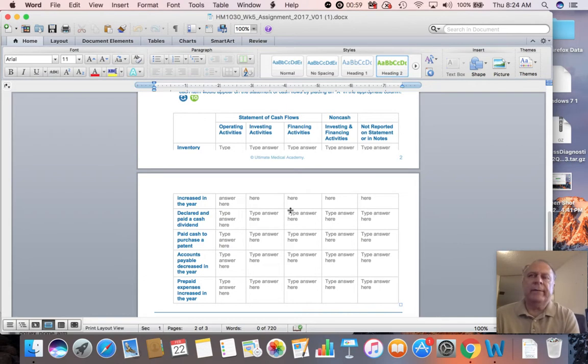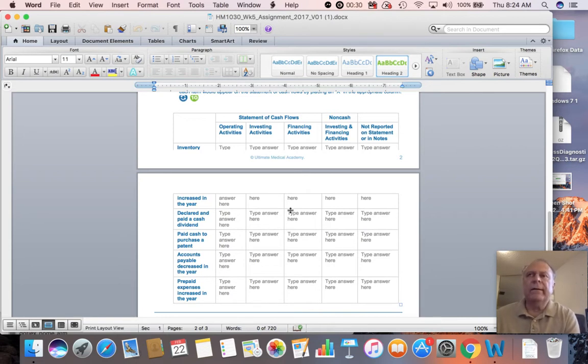If the item is a current asset or a current liability, then it goes under operating, with the exception of dividends payable. If it's a long-term asset, then it goes under the investing activities. If it is a long-term liability or equity item, then it goes under financing activities.